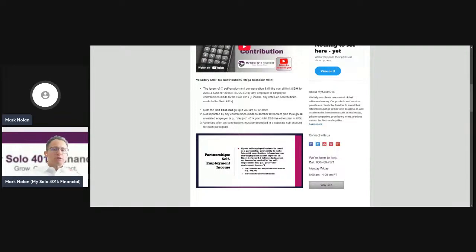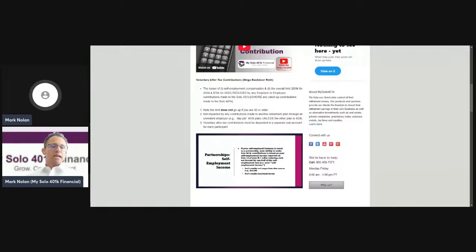A second item to understand is that catch-up contributions, which are contributions allowed for those age 50 or older, which is $7,500 for 2024 and the same amount for 2025, can never be contributed to the voluntary after-tax solo 401k.